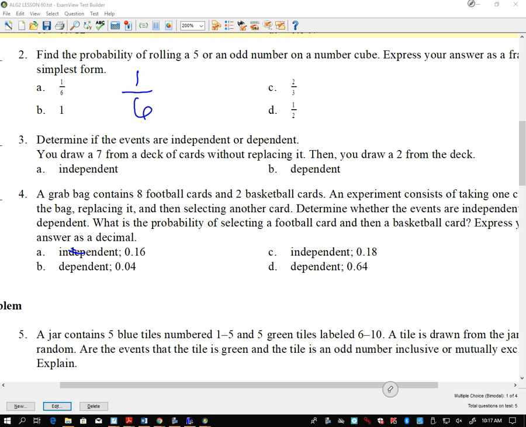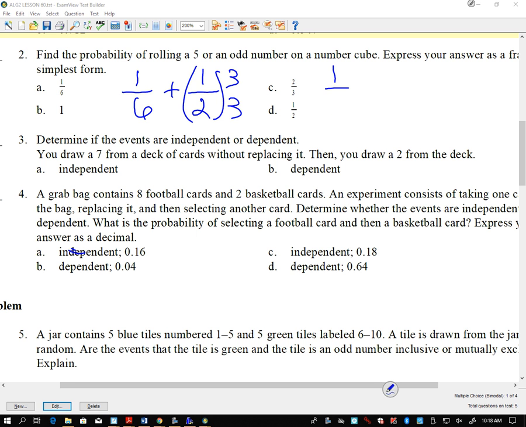So what do we do in mutually exclusive events? Do we multiply or do we add? So we have 1/6 plus 1/2. What do I need to do to the second fraction? I need a common denominator of 6, right? So I'm going to multiply by 3 over 3, correct?